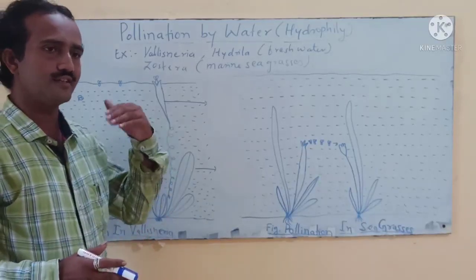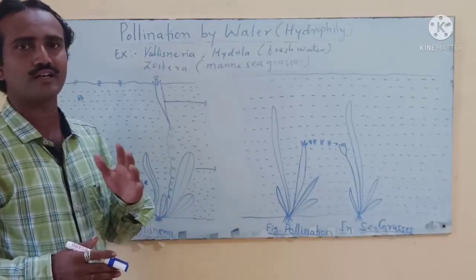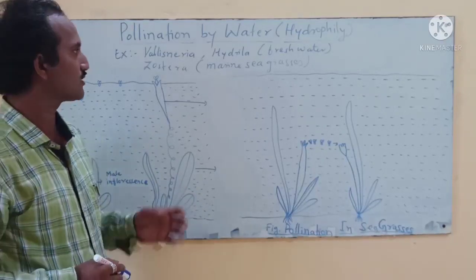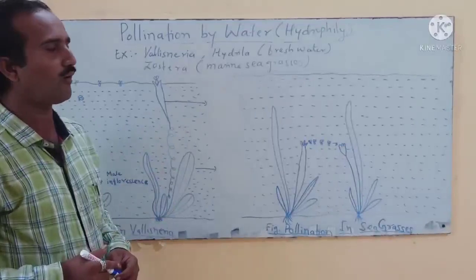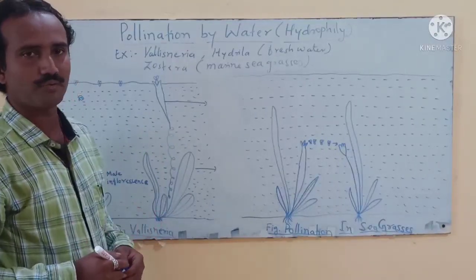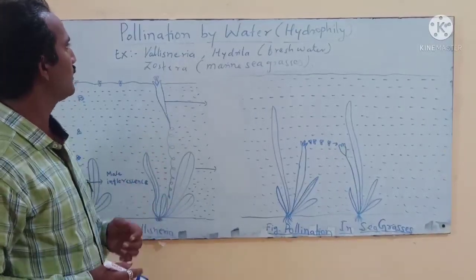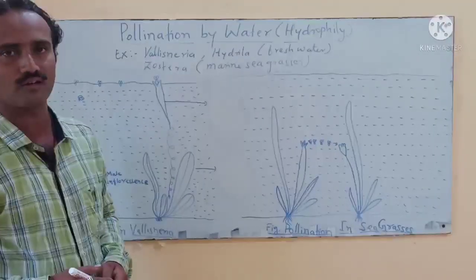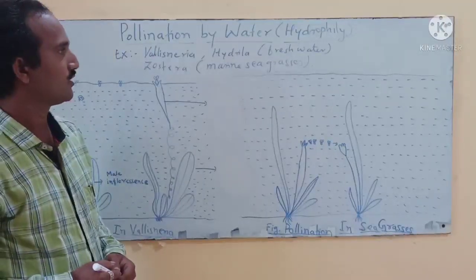That's why in geographical areas bryophytes and pteridophytes are limitedly distributed. This is observed in some lower plants, but in aquatic plants, water is utilized for pollination purposes.